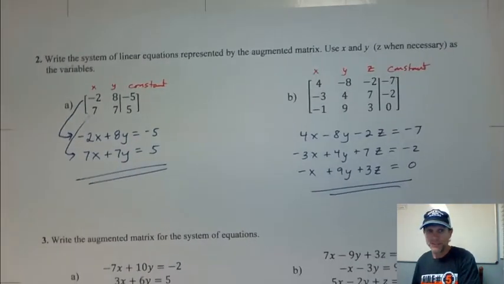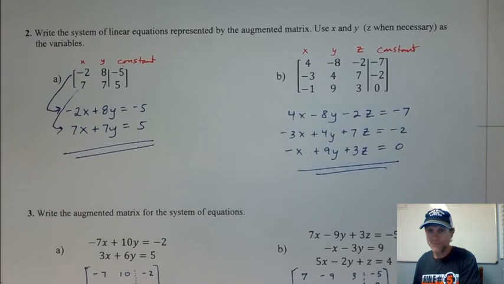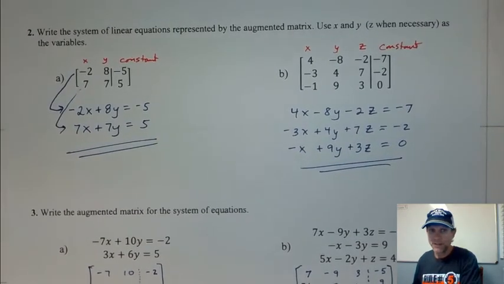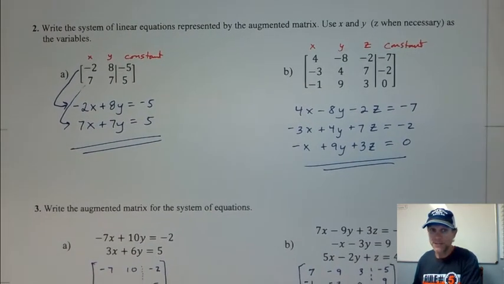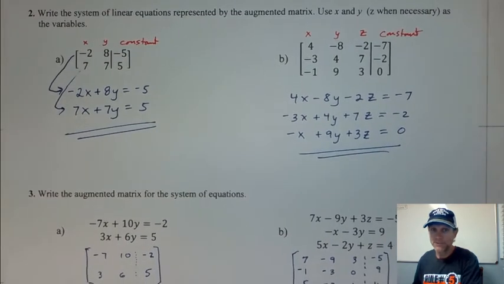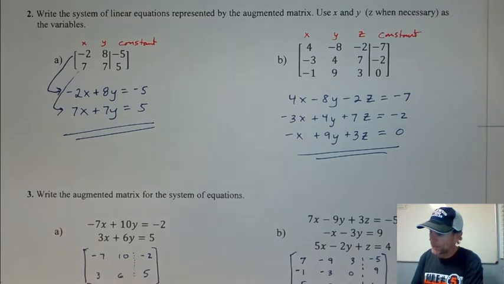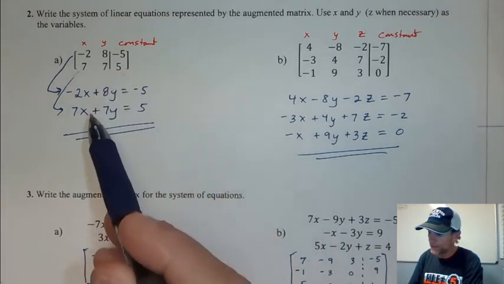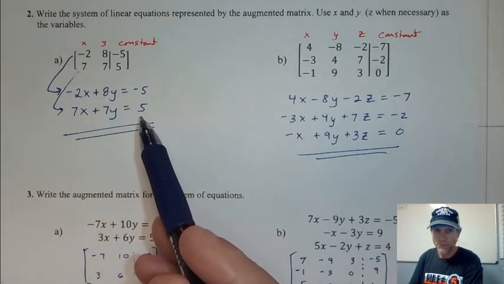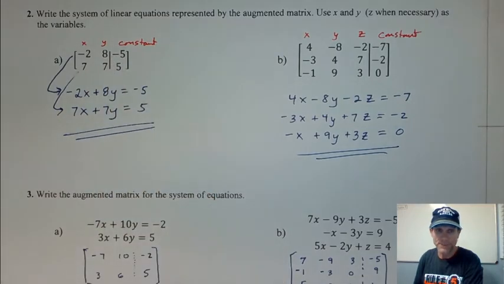Now another thing you're going to see in 9.7, and it's going to look so easy that it might confuse you, is that they want us to just take this matrix here, fancy name augmented matrix, and write what the original equations were before they were put into the matrix.